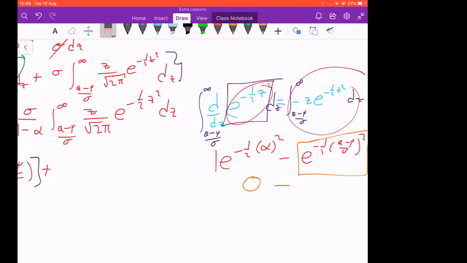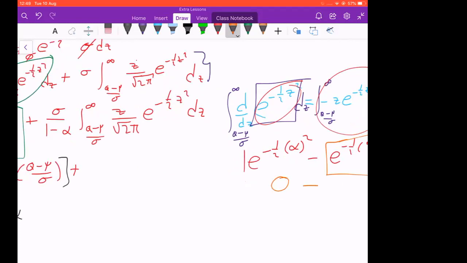So what you'll have is going to be sigma 1 over one minus, it's not, again, it's not going to be 1. I'm going to use 0. So you're going to have 0 minus e to the power negative 1 over 2.